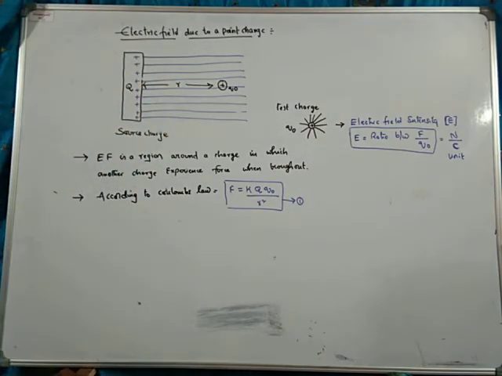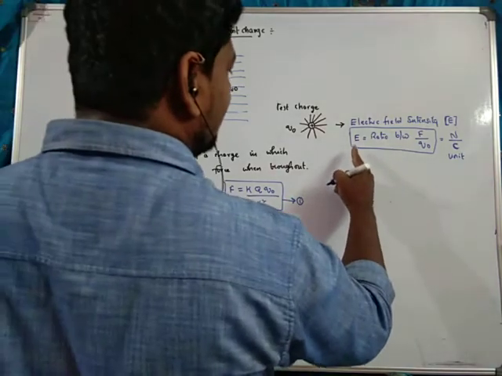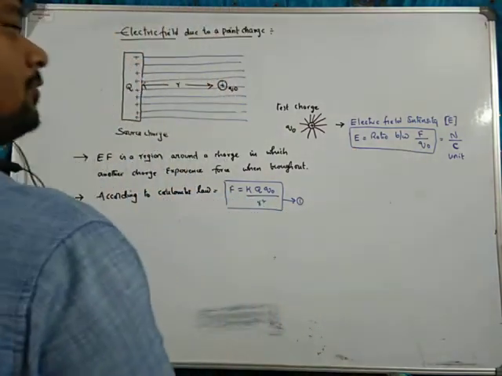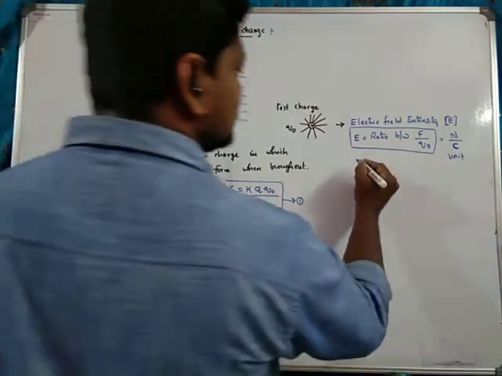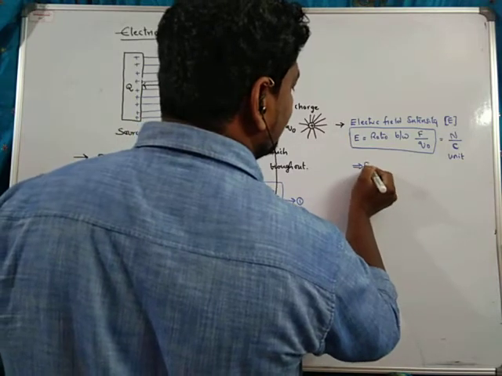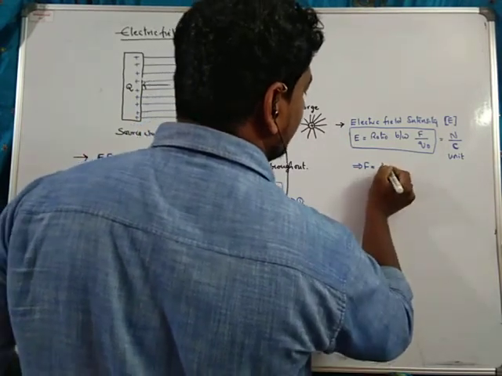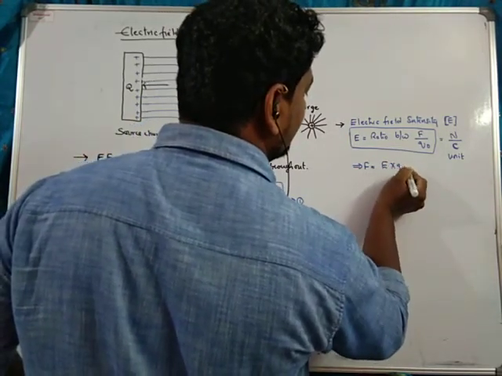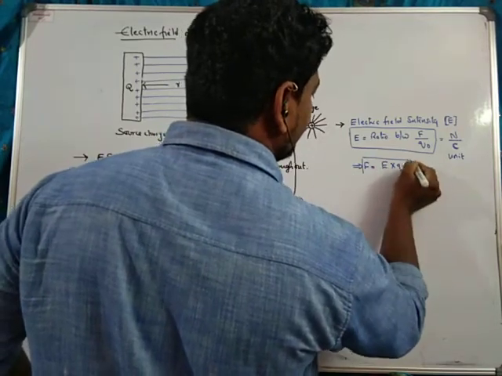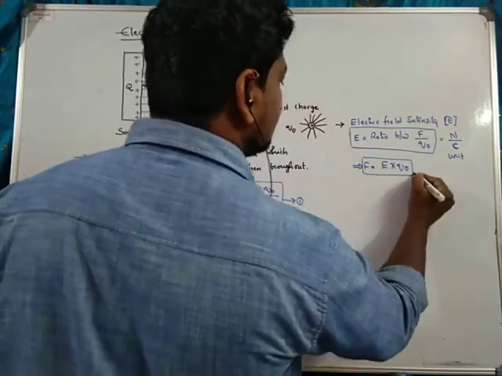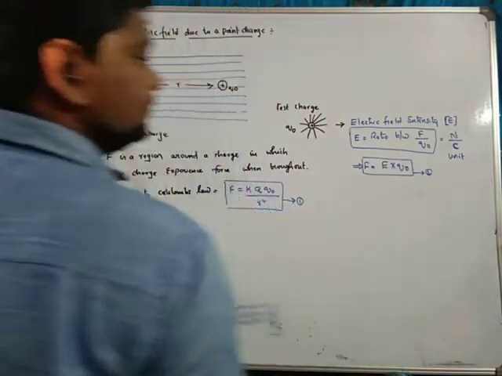And according to field intensity, we have E is equal to force upon charge. So based upon this, we get force F is equal to E into q naught. This we consider as equation 2.